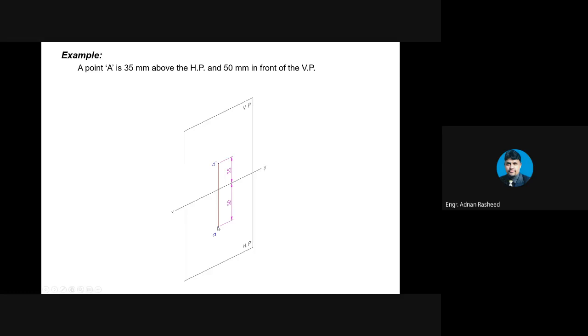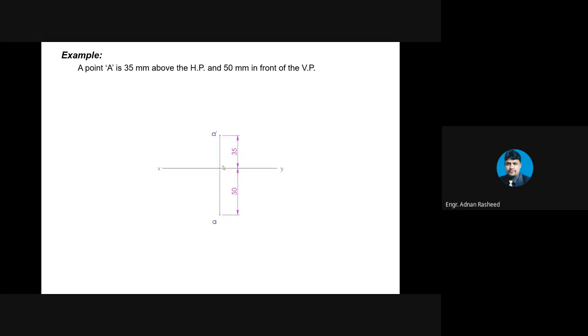So point A shows its frontal view above the XY line, 35 millimeter above, and its top view will be aligned with it. You can see that if you rotate this horizontal plane, it will be aligned with the frontal view, and this is the top view, which is 50 millimeter below the XY line. So that's how this is the projection of the point that is mentioned in the example.